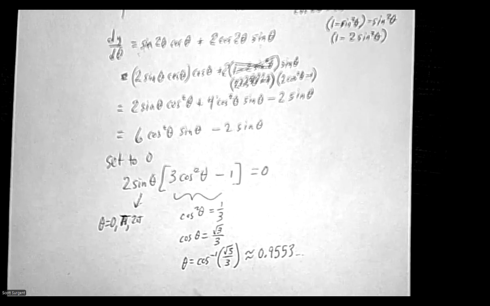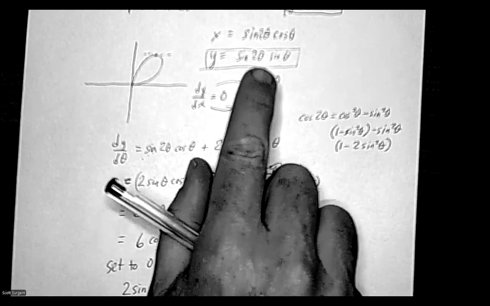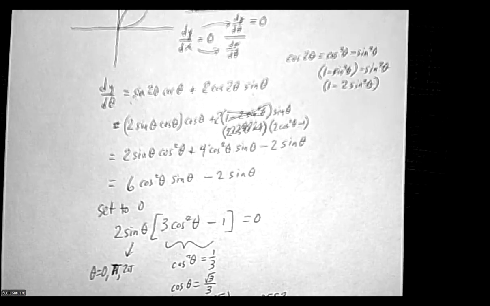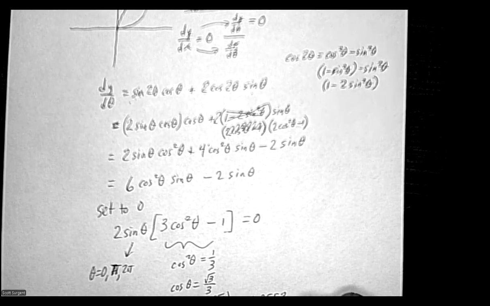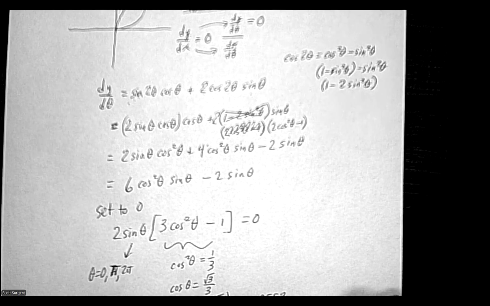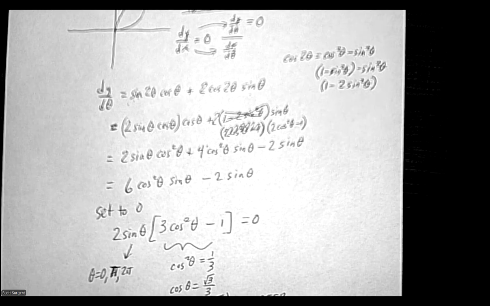That's the theta value. You take that theta value and take it all the way back up to here to get your y value. So y equals sine of 2 of this value times sine of that value. So there you go.